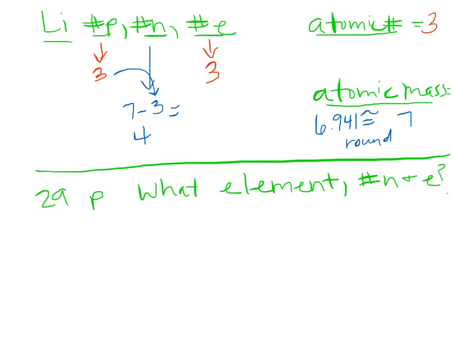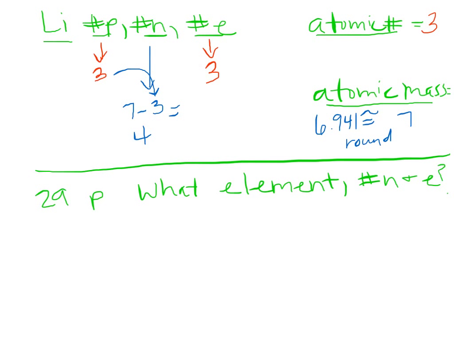Okay, so the way that I solved this first one is first I looked at the periodic table for lithium. I found that it has an atomic number of 3. Right away that told me that the number of protons was 3 and that the number of electrons would also be 3 if the atom was electrically neutral. The tough part, as I mentioned, was going to be finding the atomic mass. When I looked at the periodic table, I saw that it had a mass of 6.941.